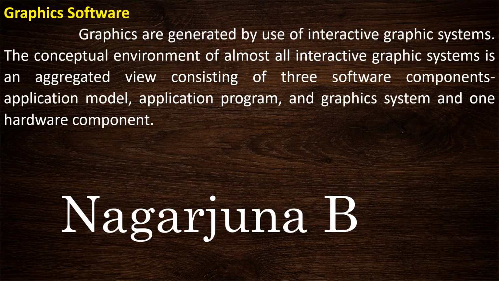One is the application model, second is the application program, and the third is the graphics system. An aggregated view consists of three software components: application model, application program, graphics system, and there will be one hardware component. So all these together can be used for generating graphics. That graphics will be interactive graphics.